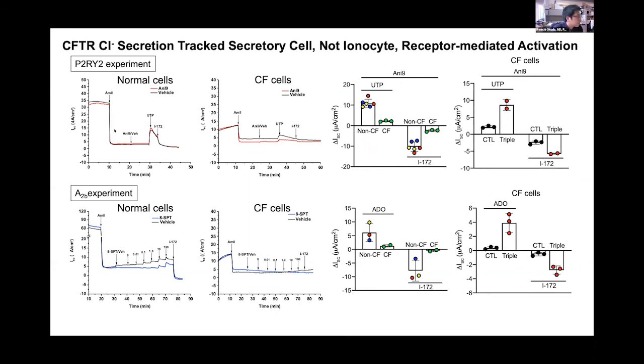This Ussing chamber data shows, if we block calcium activated chloride channels, because nucleotides like ATP or UTP activate not only CFTR but also calcium activated channels, so we first block the calcium activated chloride channel using an inhibitor and then add UTP, we could see a CFTR response that can be inhibited by a CFTR inhibitor. And this response was not seen in CF cells.